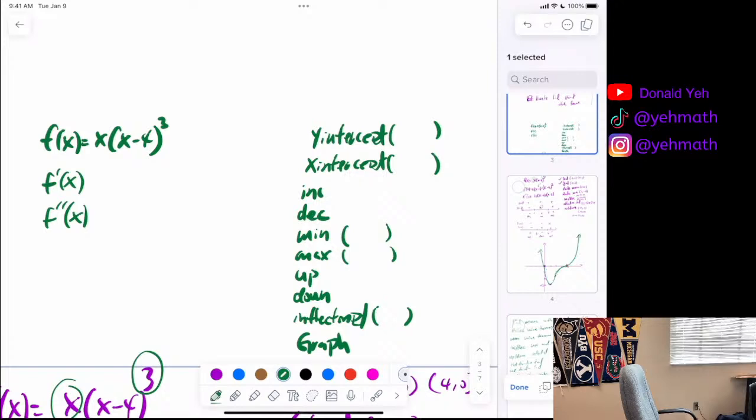Yeah, you're right. My second derivative is going through it. Then go back to x minus 4. 3x minus 4, that should be fine.